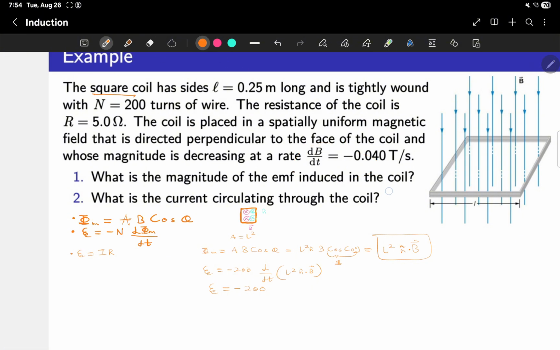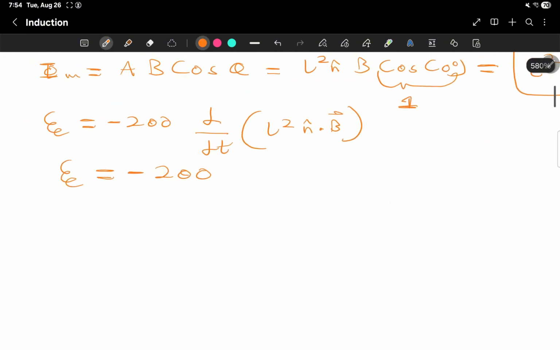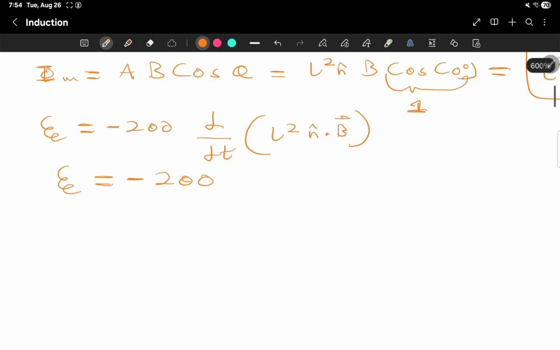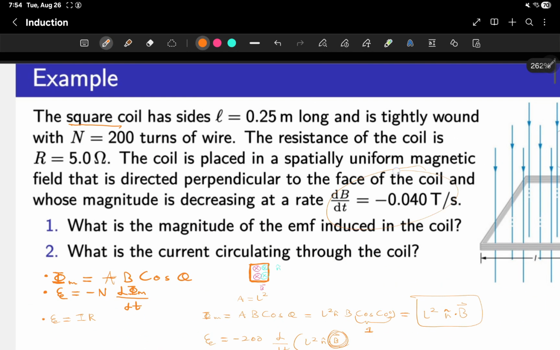So what that means is that I can take the derivative of these two guys, it's not a problem. Actually, no, scrap that. What I'm trying to say is that when I take the derivative of the magnetic field, the magnetic field itself is changing, like we've seen before up there.